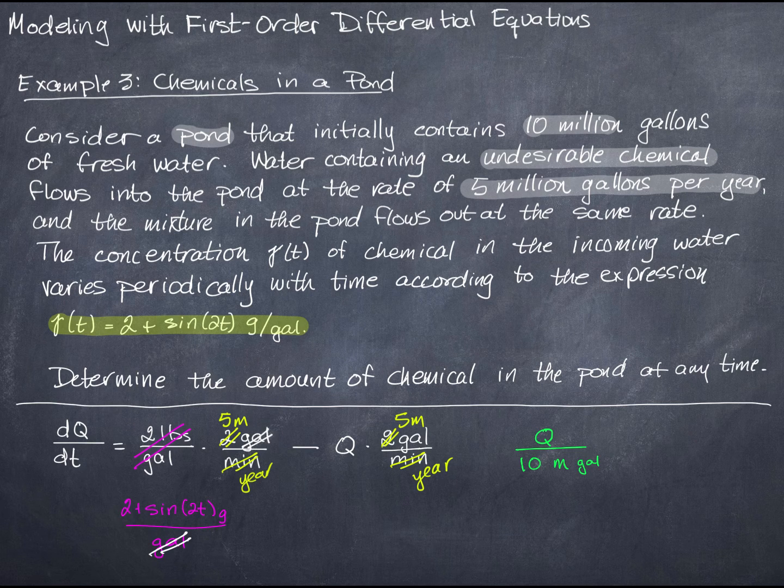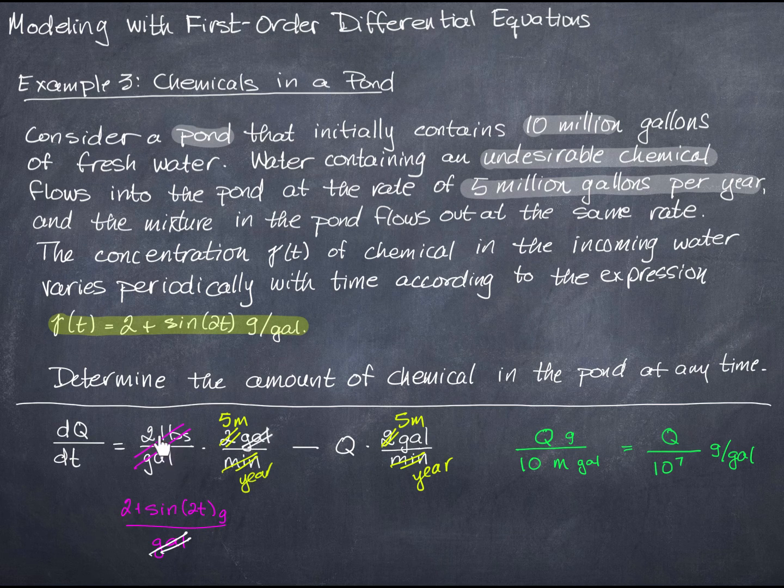So we have Q grams for every 10 million gallons. So we can write this as Q, let's just write it as Q for consistency, divided by 10 million. Your textbook does it this way, and I'll do it at this point too, just to save space: 10 to the 7th power grams per gallon.